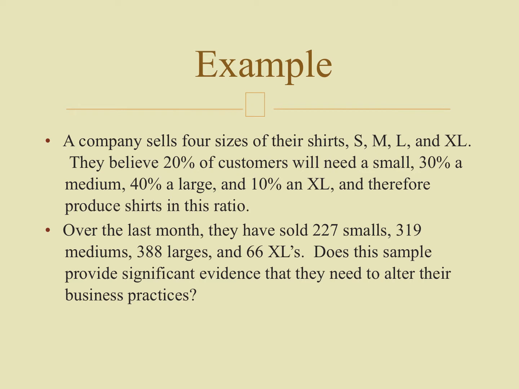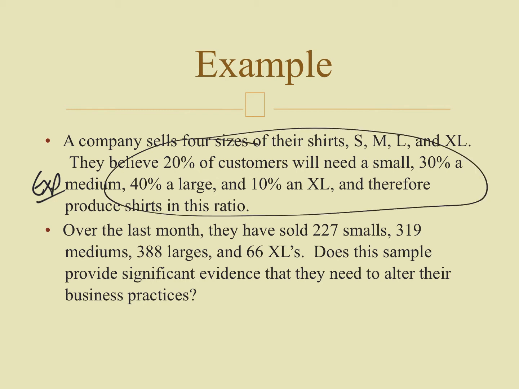So here's an example. A company sells 4 sizes of shirt: small, medium, large, and extra large. This is what they expect to have happen: 20% of the customers will need a small, 30% medium, and so on. This is going to determine their inventory. But over the last month, they have this breakdown of actual sales. What they might want to do now is look at how close they hit their inventory numbers.